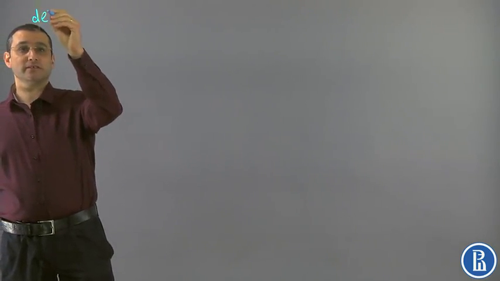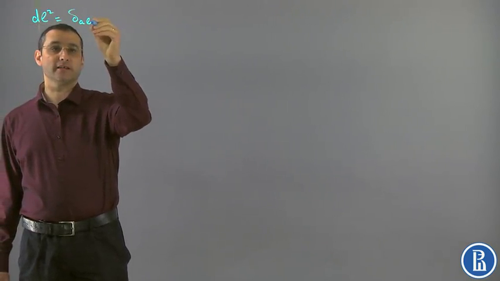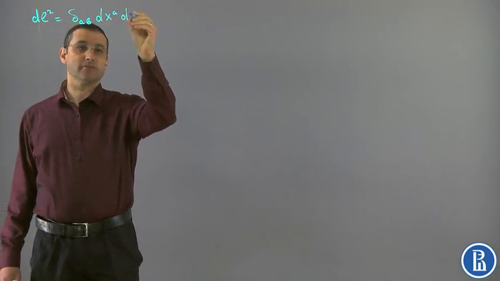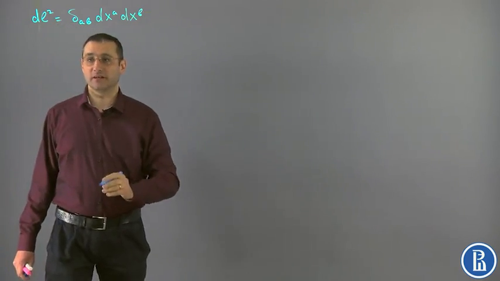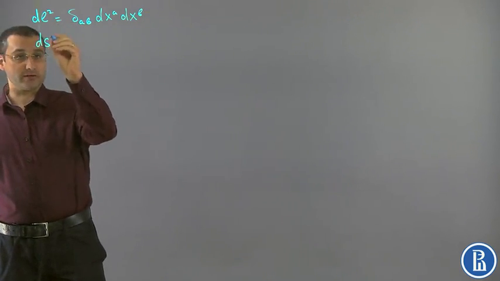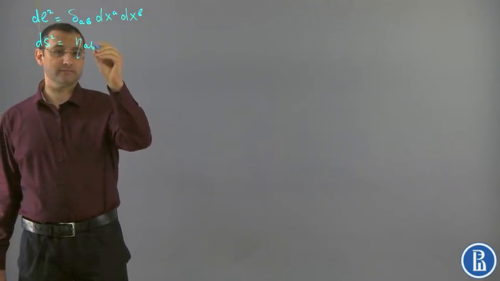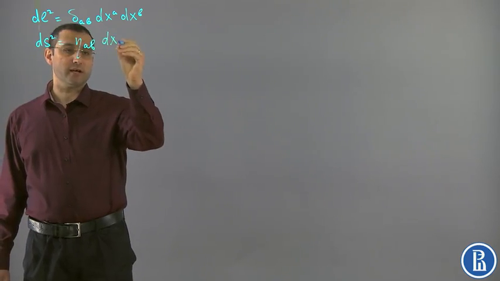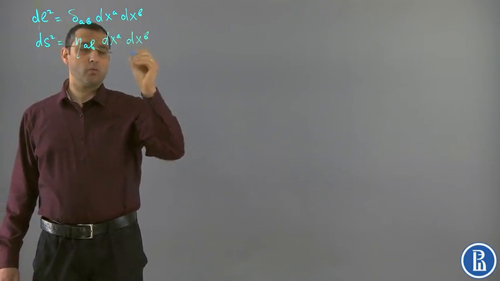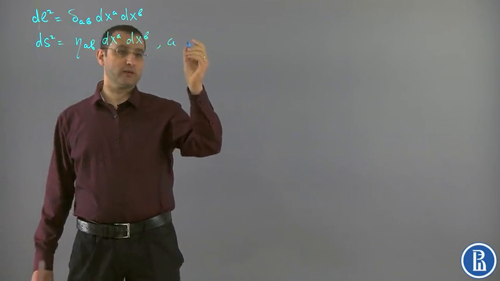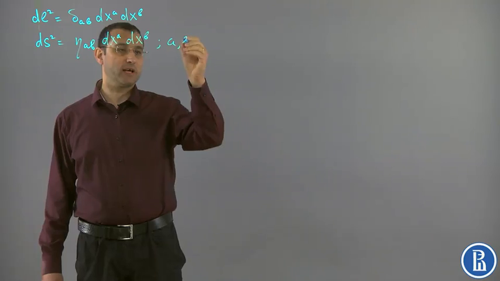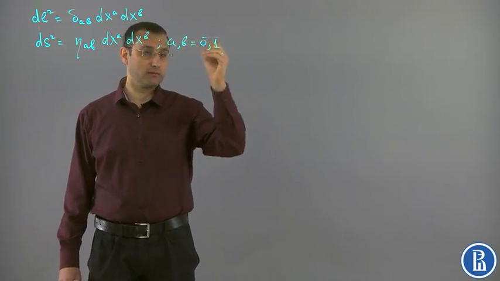To complete our discussion of tensors, let me stress the difference between space and time and a few more things. Instead of dealing with space, where the metric is like this, as we already stressed, in two-dimensional space-time the metric is like this, η_AB dx^A dx^B, where from now on, for convenience, we assume that A and B range from 0 to 1.